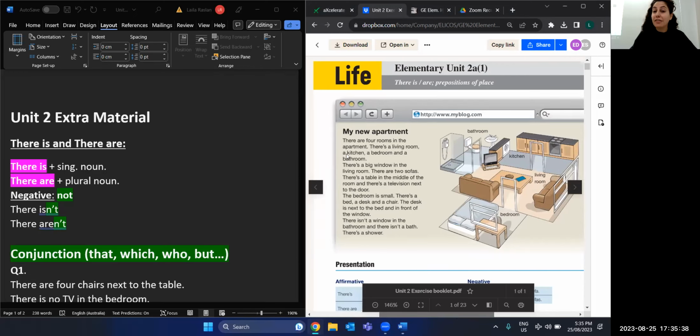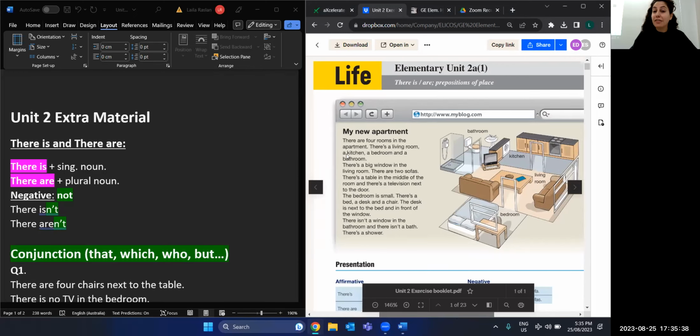So also showing its location, and that's called preposition of place. So I won't spend too much time on it because we did it in our review, but you'll remember words like in front of, behind, in the middle. And we looked at vocab for the house: living room, kitchen, bedroom, bathroom, bath, bed, chair, desk, door, shower, sofa, table, television, and window.